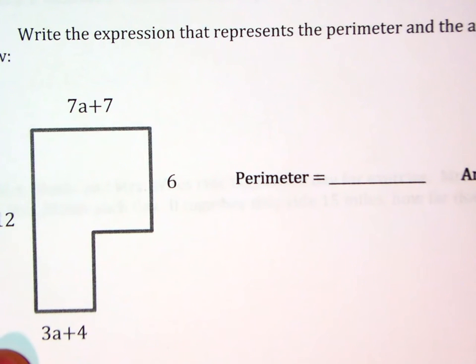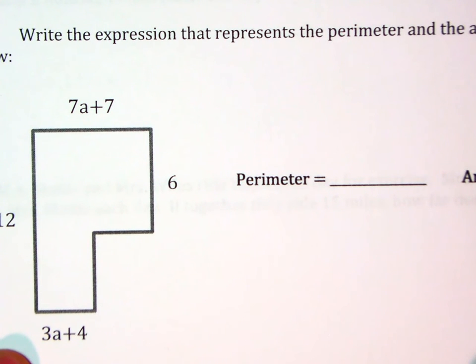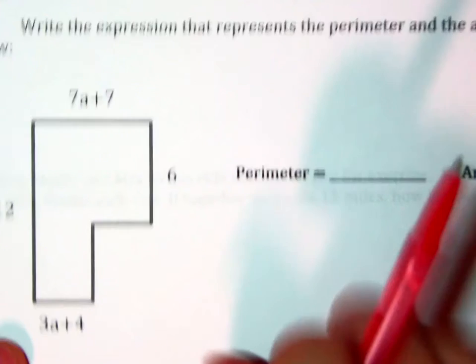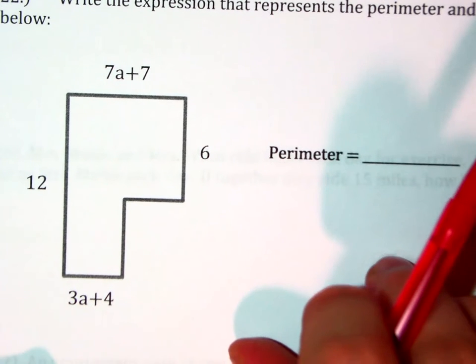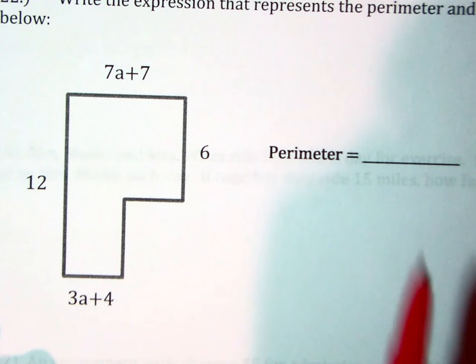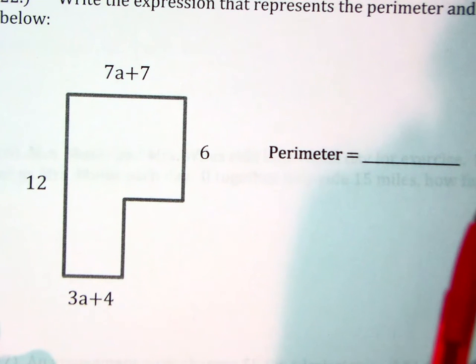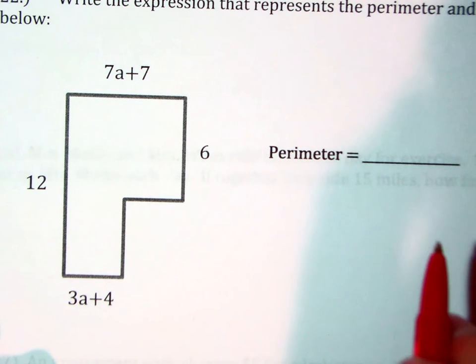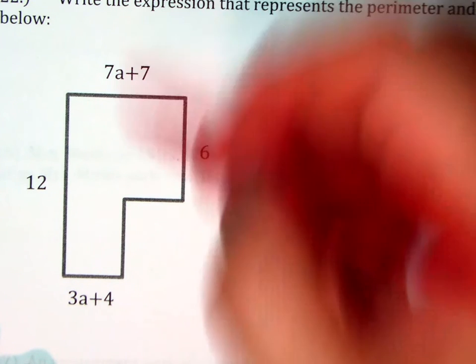Problem number 22 asks for us to find the perimeter and the area of the shape below. It's kind of hard to find the perimeter of a shape that doesn't have all the sides identified. But we can use pieces of information to determine what these missing parts are.